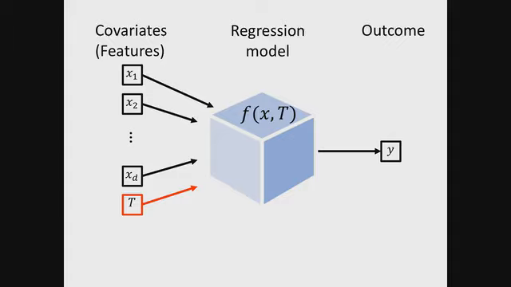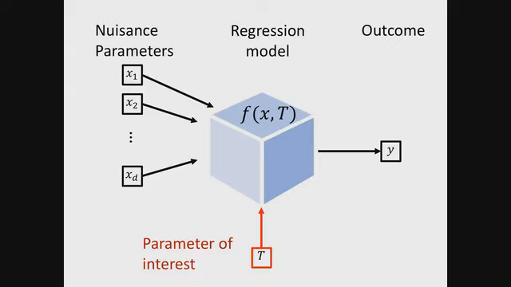So really the picture we want to have in mind is that t is some parameter of interest, right? We want to learn a model f such that if we twiddle t, we can see how there's a differential effect on y based on twiddling t. That's what we truly care about when we're using machine learning for causal inference. And so that's really the gap, right? That's the gap in our understanding today.